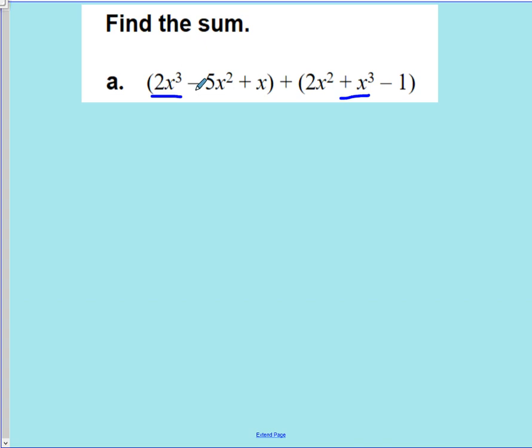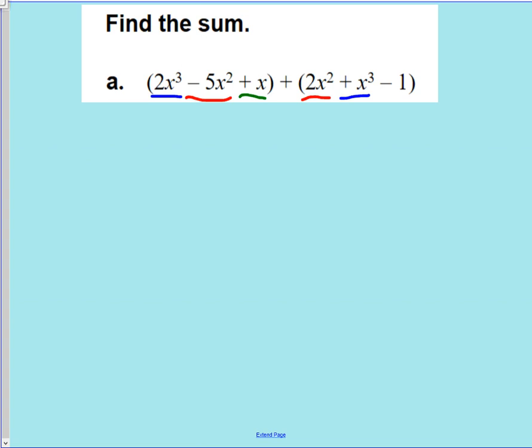Okay. My second term is negative 5x squared. I am going to combine it with another guy that has x squared in it. So 2x squared is considered my common term here. Okay. Then I've got x, and he can't combine with anything, so he's going to be out here on his own.